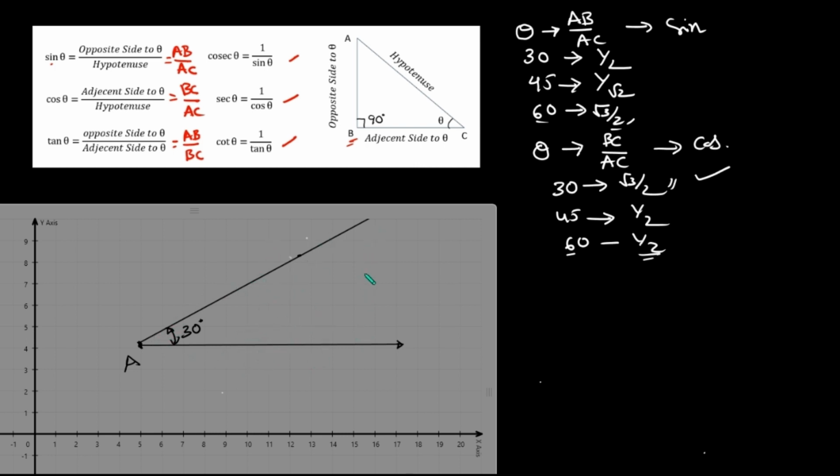It won't change these ratios, whatever the size of the triangle. Let me draw it at any place, something like this. I can draw it here. So I'm drawing a vertical line here.